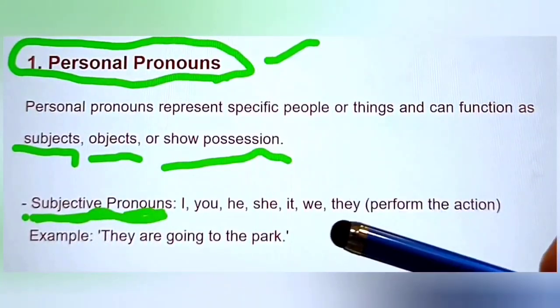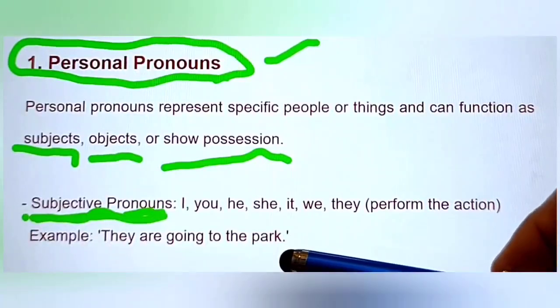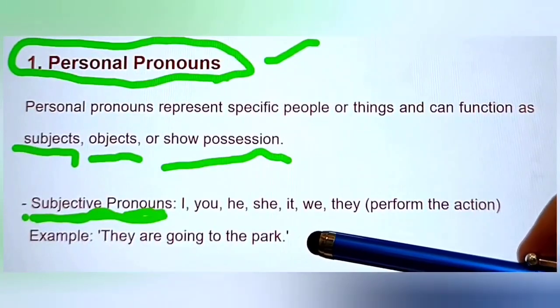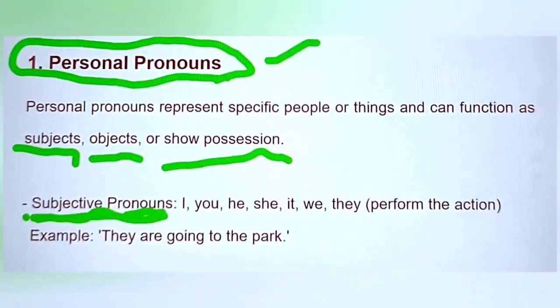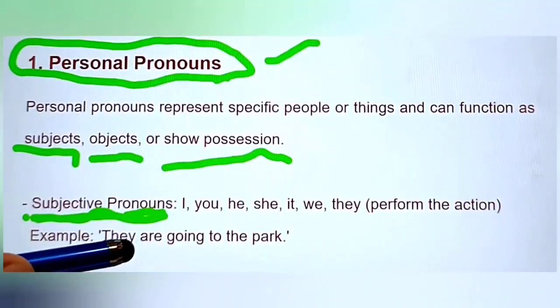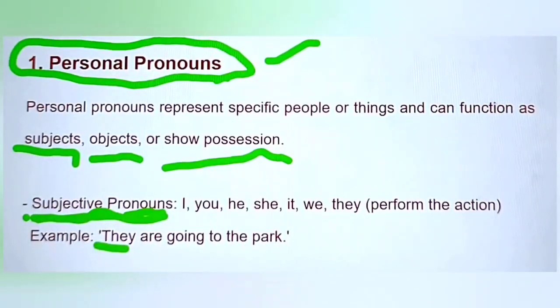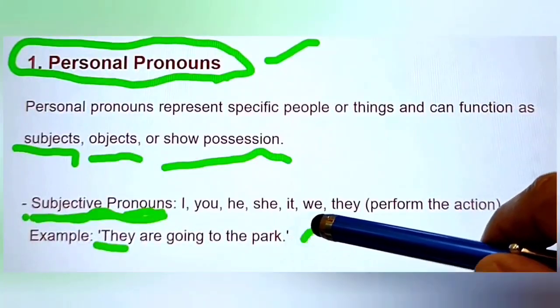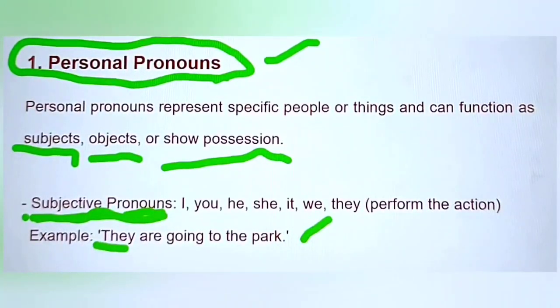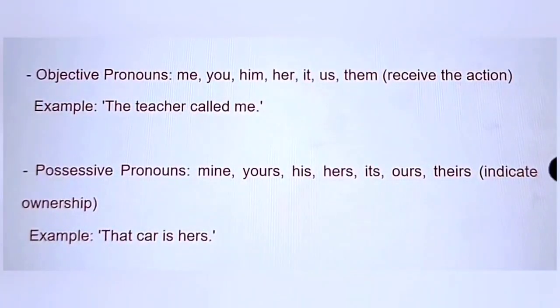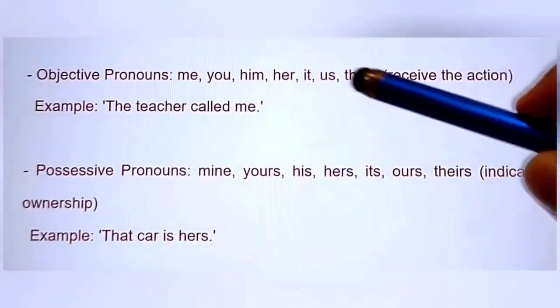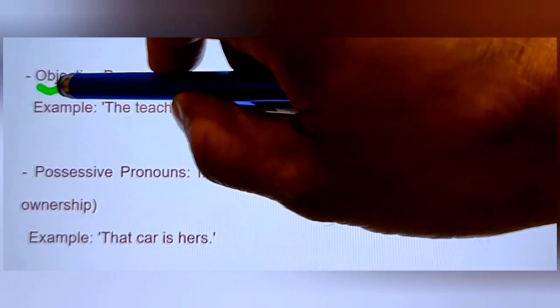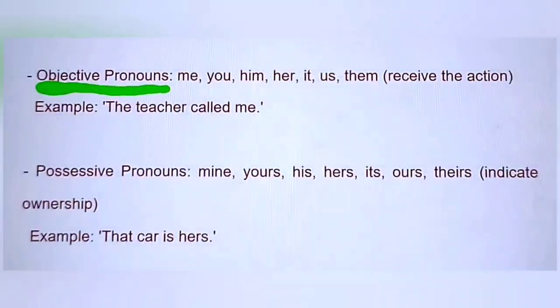An example: they are going to the park. Here we use "they". This is a subjective pronoun in this sentence. Let's describe when personal pronouns work as an object in the sentence; we call them objective pronouns.